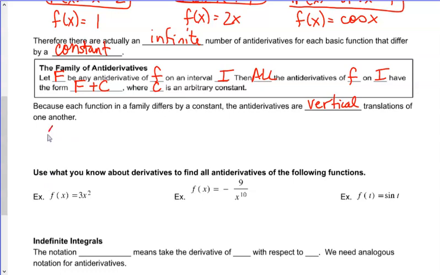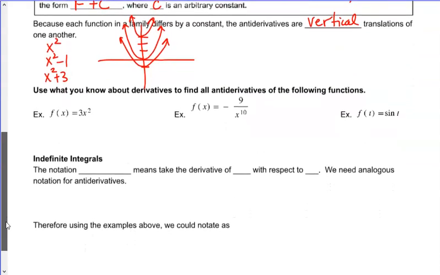So if I had a family of functions, say x squared and x squared minus 1 and x squared plus 3, etc., then I could graph those functions. Obviously, here's my x squared. If I do that minus 1, I go down 1, and I have that function. And if I have a plus 3, then I end up having that quadratic function. So all of those would have the same derivative. Hence, that's what they refer to as a family of antiderivatives.